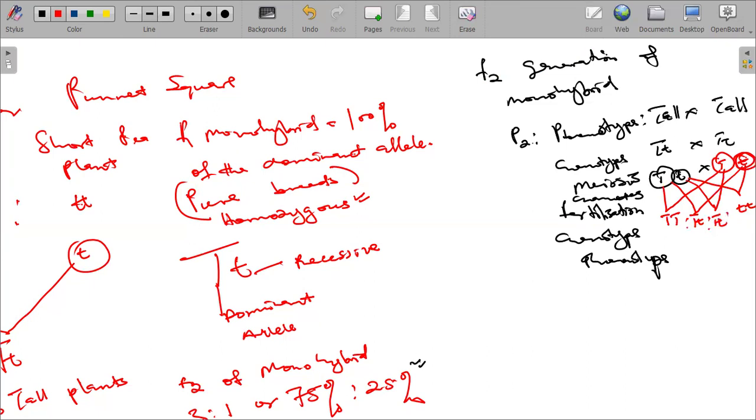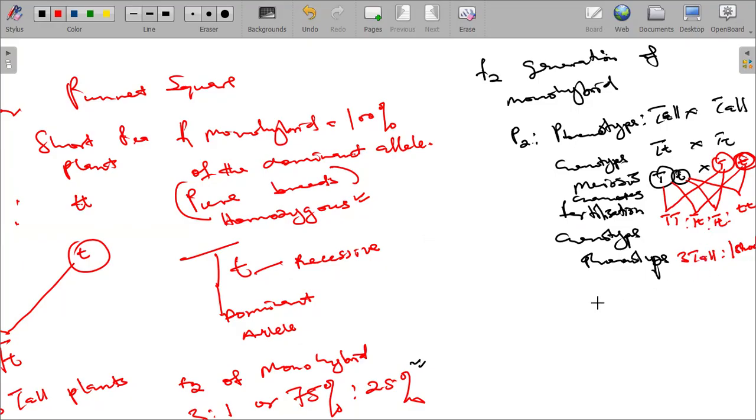These are the different outcomes that we are having. Hence we look at the phenotype. You count the tall plants: we have tall, 1, 2, 3, and one short. That is where we got the 3 to 1 ratio that we talked about.